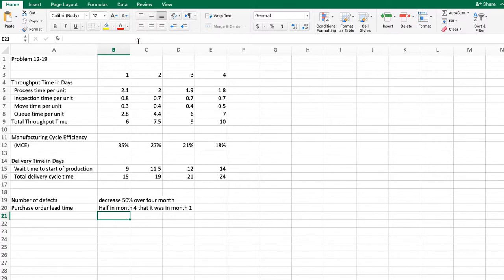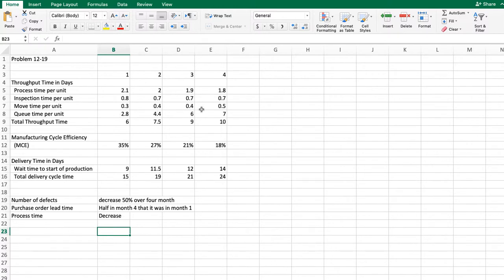And then I look down at, what else am I going to look at? Some of the things that I calculated above, I can look at my process time. It went down. So anyway, we get a general idea of what's going on by looking at this.